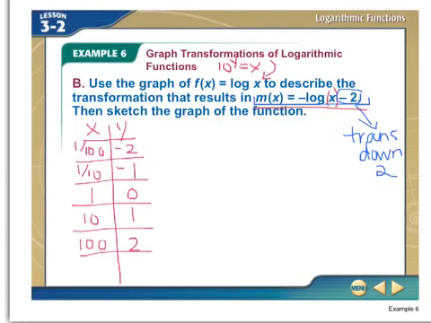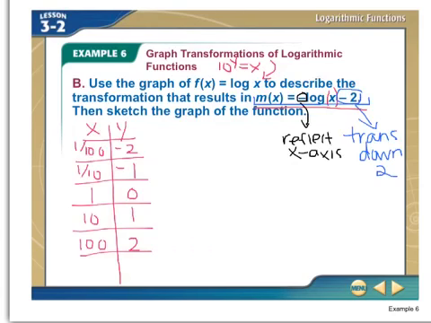And a negative out in front here means a reflection over the x-axis, because we're changing our y-coordinates on our graph.